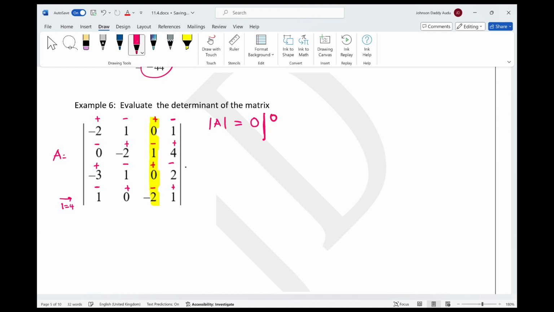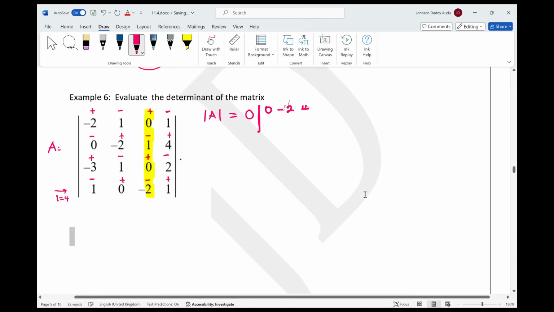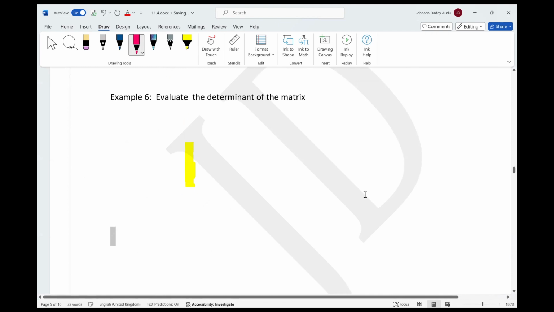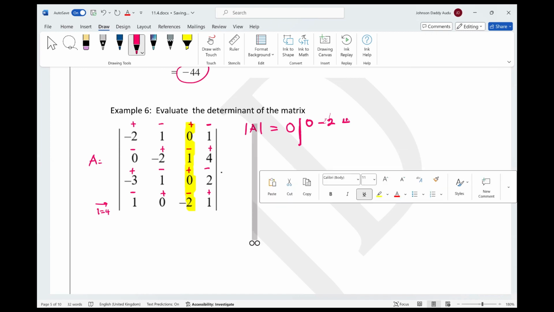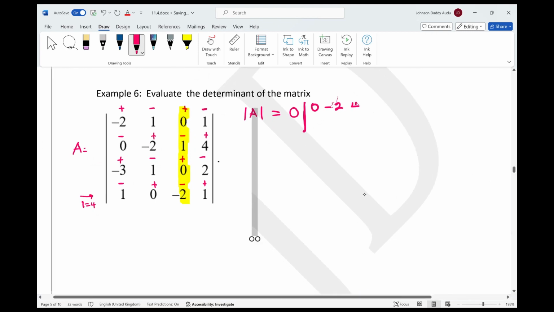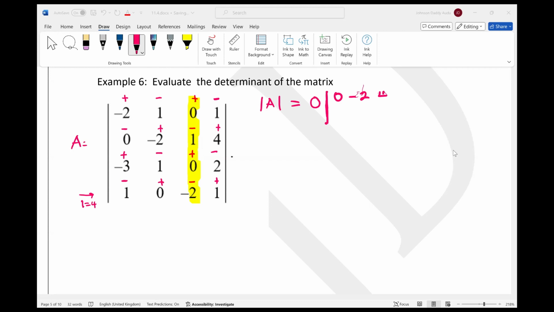So we will have a determinant of 0 minus 2, 4, then minus 3, 1, 2, and then 1, 0, and 1. Okay.